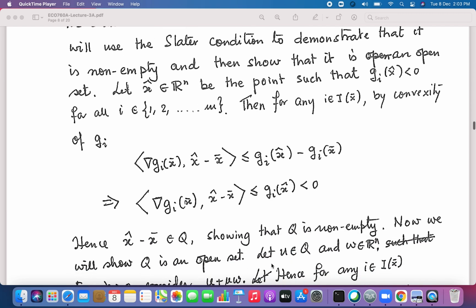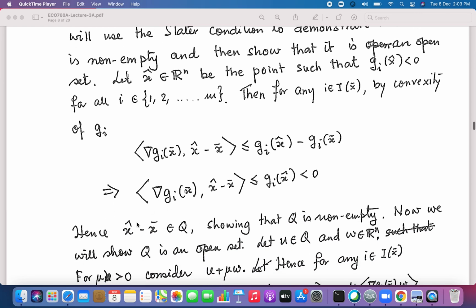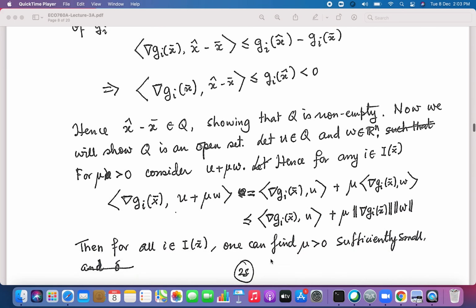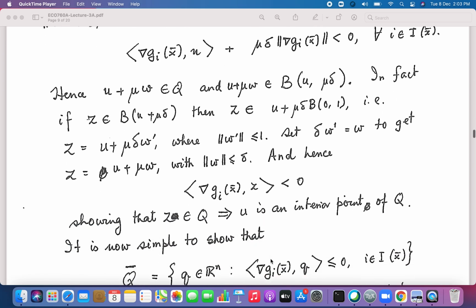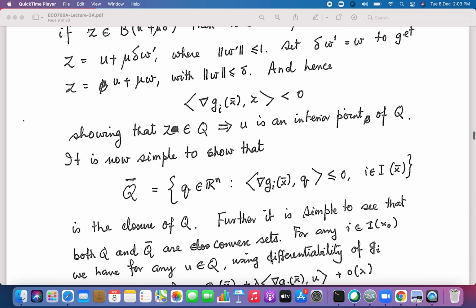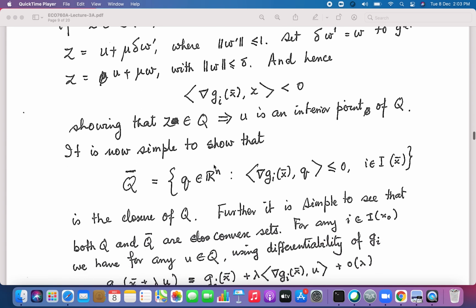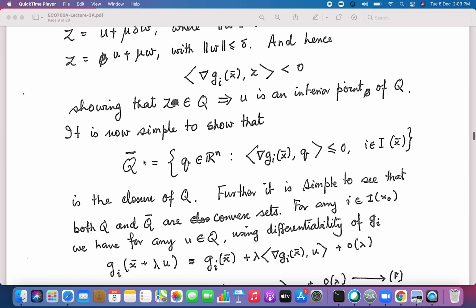So with u equal to x hat minus x bar, that is inside Q. So Q is non-empty. I will not get into the detail of the proof. What we will show is that Q is an open set. Now if you take the closure of Q, the closure of Q simply becomes this.